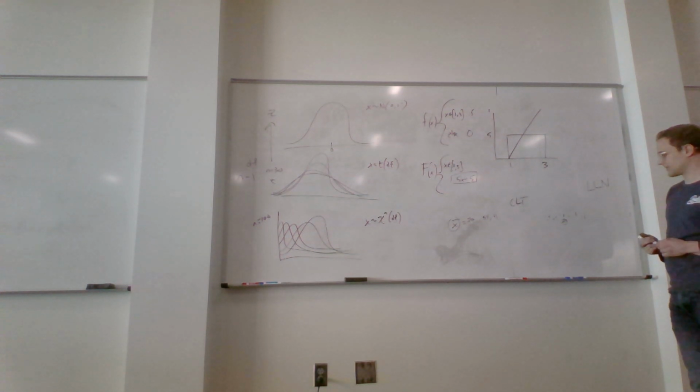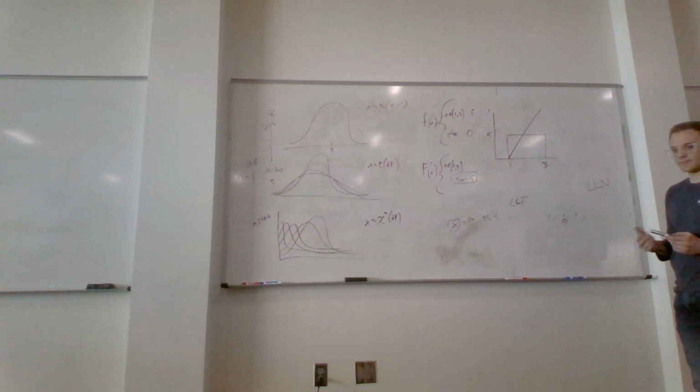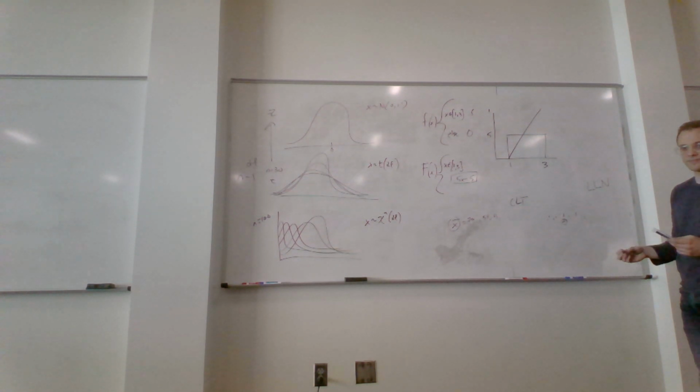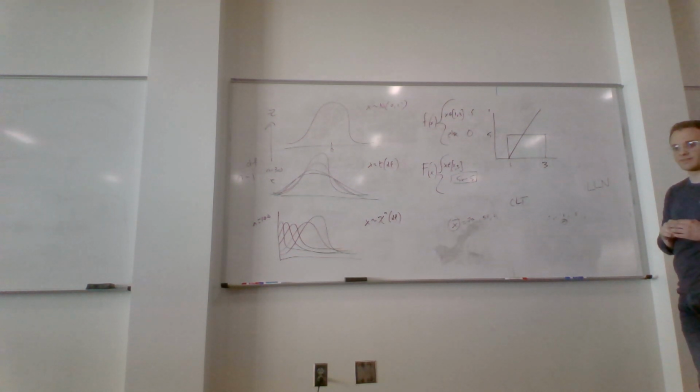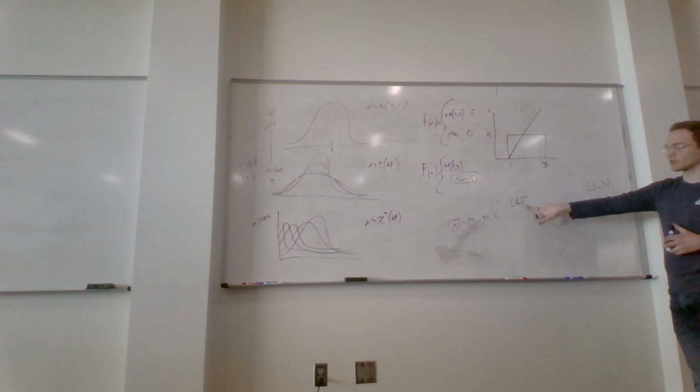Okay. So the law of large numbers doesn't really say anything about the variance. The central limit theorem would say that it'll have this mean and this variance, because it'll eventually be a standard distribution. That's the central limit theorem.